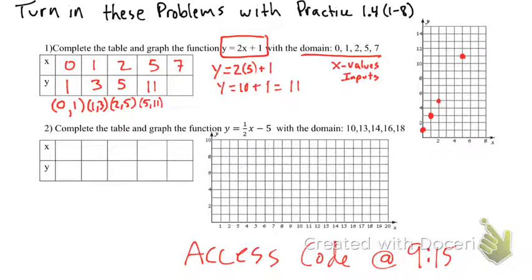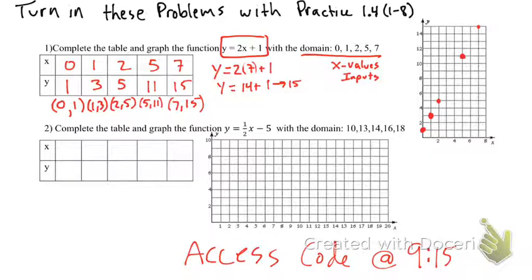And then last is plug in 7. So 14 plus 1, that gives me 15. So 15 here, so that's 7, comma 15. That's way up here. Okay, so your graph should look something like that.